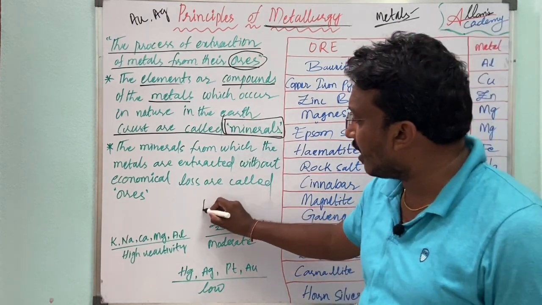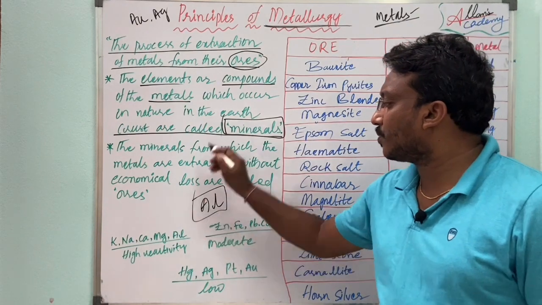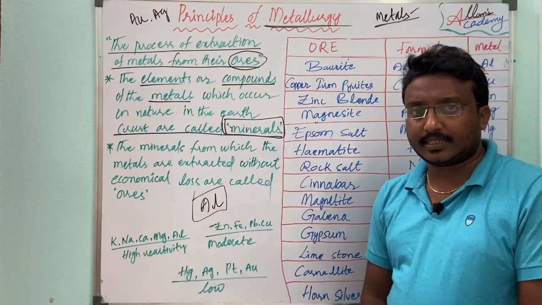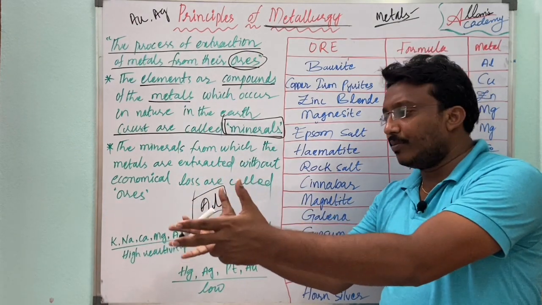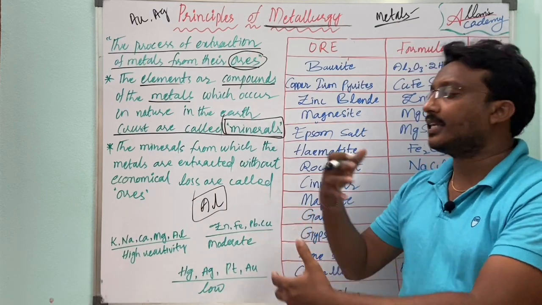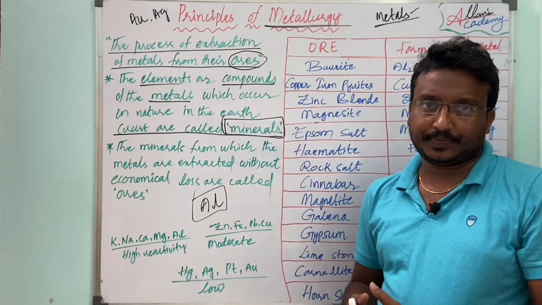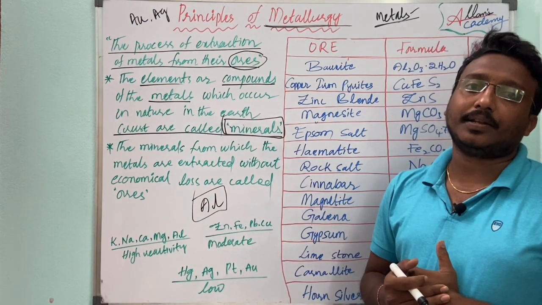The element Al is found mostly in the earth crust. Wherever the aluminum deposits are present, we can dig there and collect that mineral. That source is called a mineral.